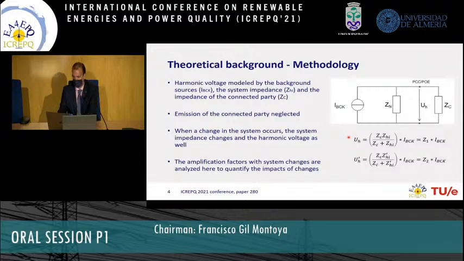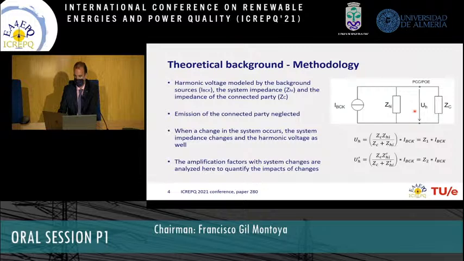What we focused on was what happens if now there is, for example, a capacitor bank being energized. What happens then is that this impedance of the system equivalent will change slightly or perhaps more, and we will get a new state where the same formula we can rewrite with a new value of the system impedance, and we have then the two states before and after a change, where we actually have something measured, and that's the harmonic voltage at the terminals of a connectee.